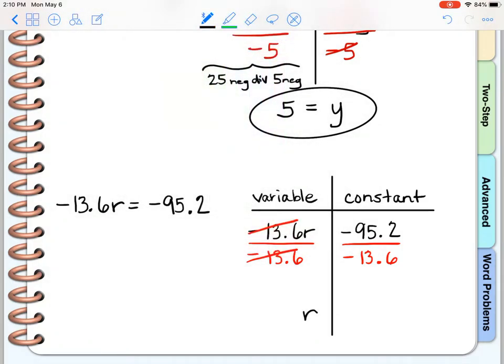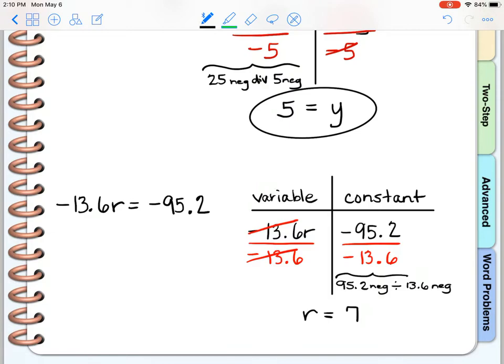So the r, and then this is going to be negative 95.2 divided by negative 13.6. Negative 95.2 divided by negative 13.6 equals positive 7.